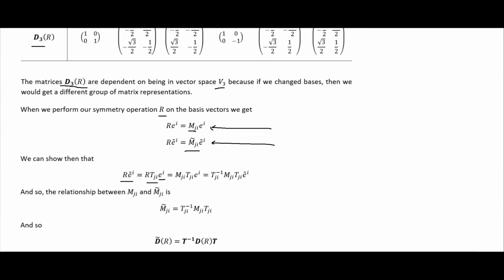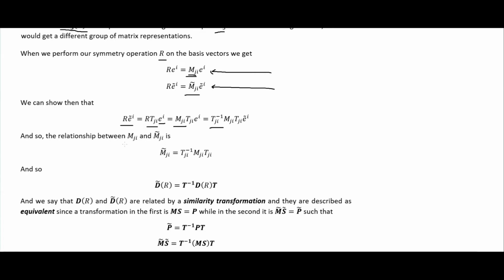Because this R acting on the basis is just equal to the matrix acting on the basis, we can change it into this matrix here. Then we can multiply through by the inverse of t, and we end up with this. It gives us the relationship between the m tilde and this m as being this here, which is just the similarity transformation, and they are described as equivalent.